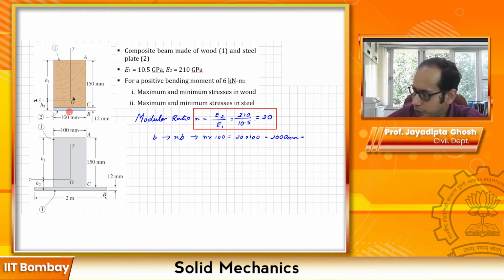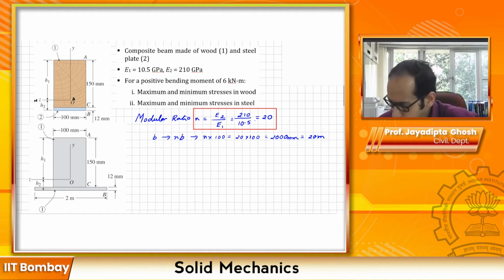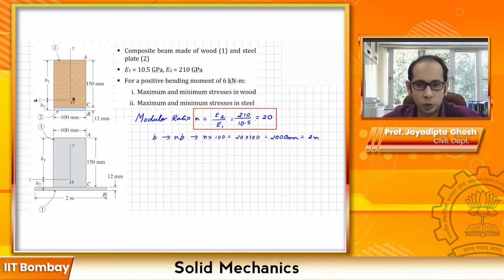So your top part stays intact. Top part 100 by 150 made of material 1 stays intact. Only the bottom part, where the width was 100 mm, has now been bumped up to n times 100. Sorry, this is not 20 meters, this is 2 meters over here. So you have a 2 meter width over here.